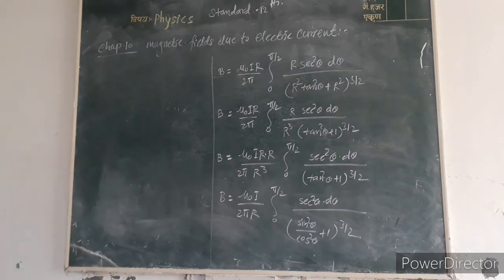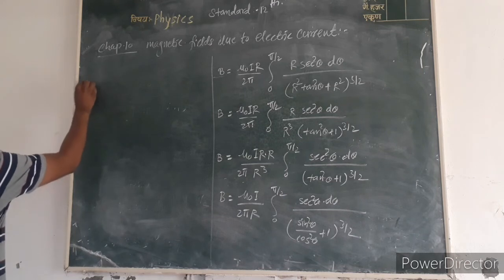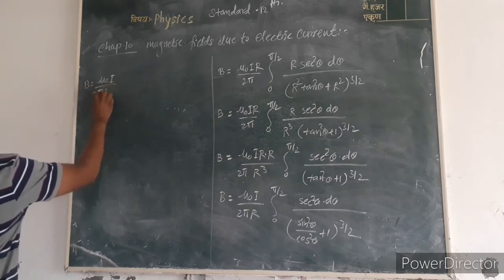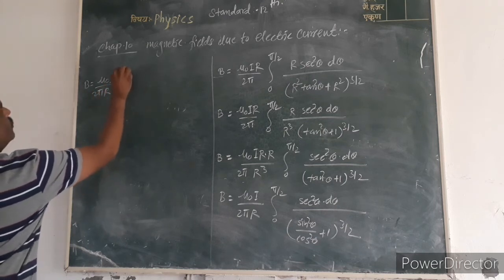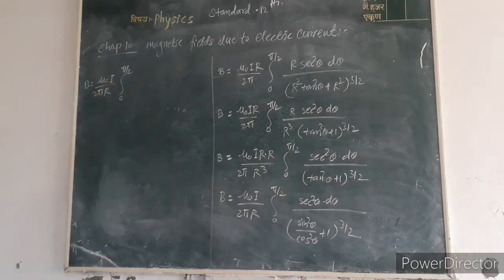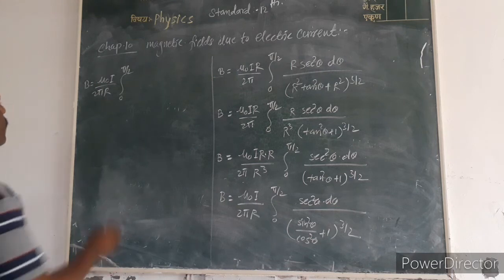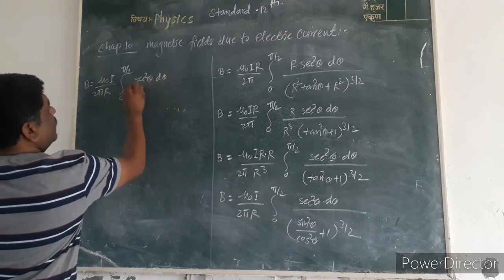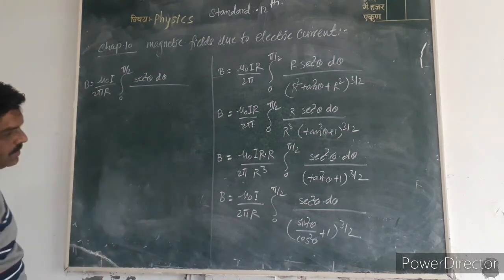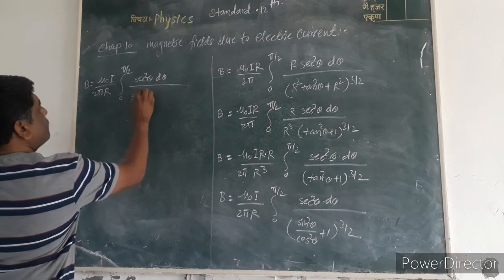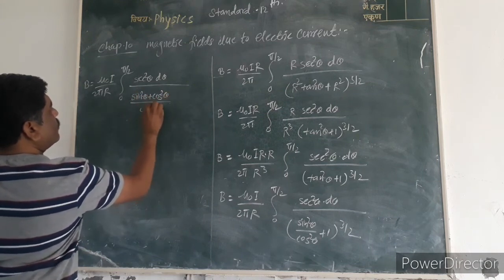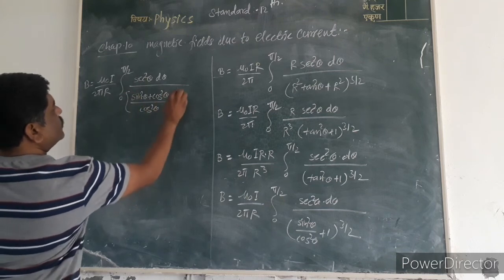We get B is equal to mu 0 I upon 2 pi r, integral 0 to pi by 2, sec square theta d theta divided by ((sin square theta plus cos square theta) divided by cos square theta) raised to 3 by 2.